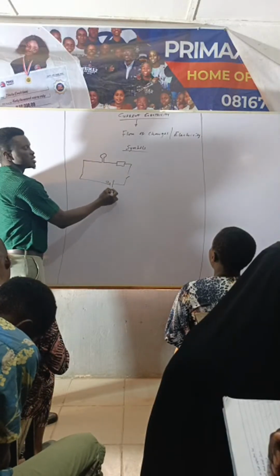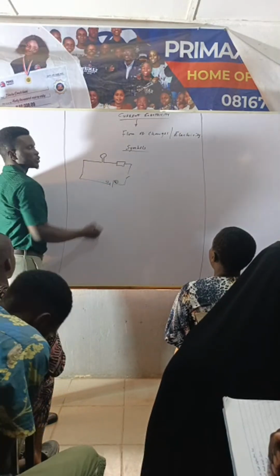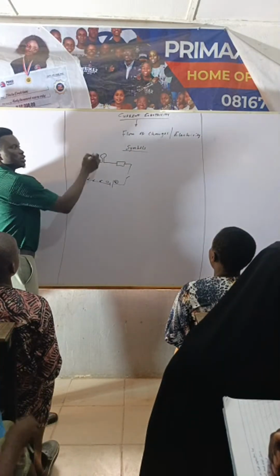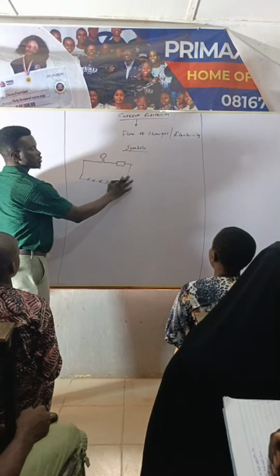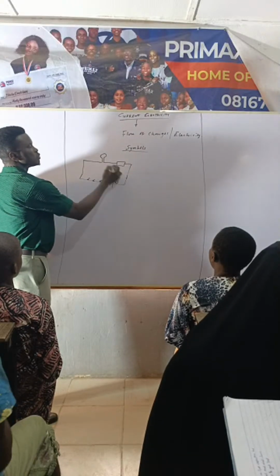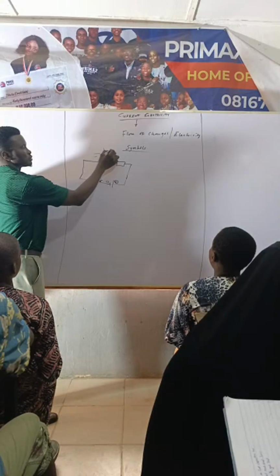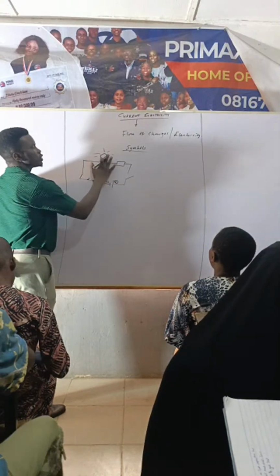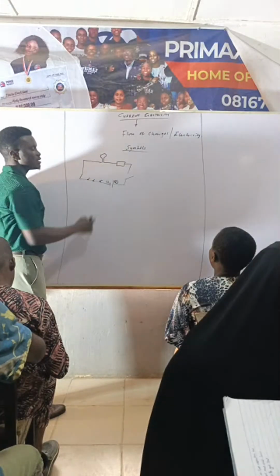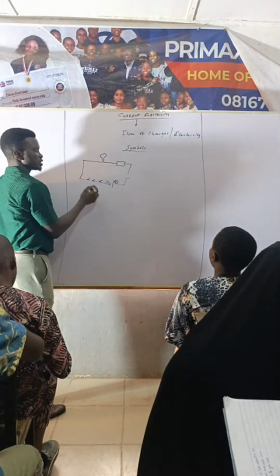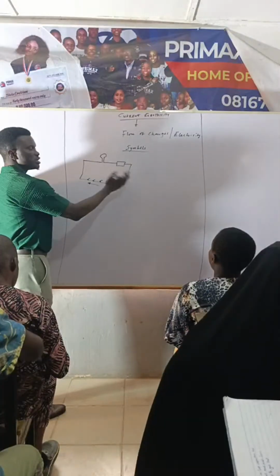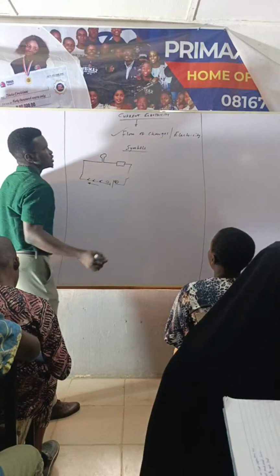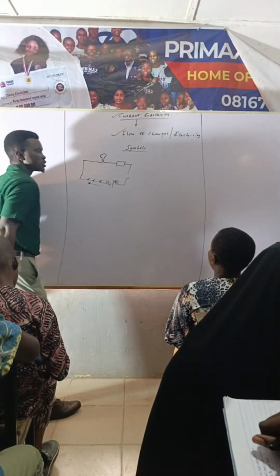This part is negative and this part is positive. Now, when electrons start flowing here, when I close this thing, the bulb will come on. If I leave this thing open, the bulb will go off. That means when I close it, charges flow. When I leave it open, charges do not flow. So the flow of charges is what we call current electricity.